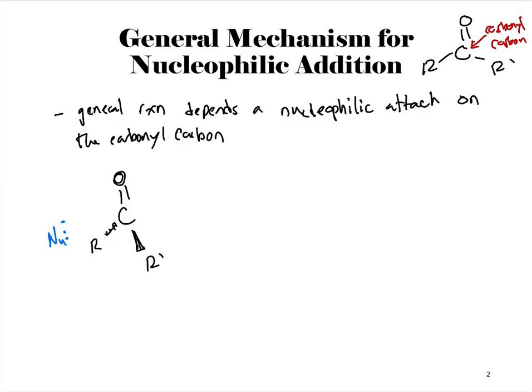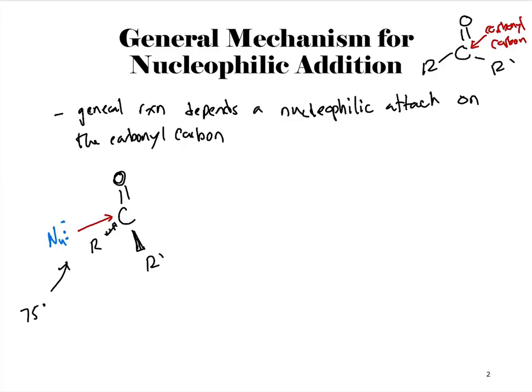It's going to attack this carbon, and well, it's not extremely relevant. This attacks at about a 75-degree angle is kind of what it comes on. That's kind of more important if we think about how things like sterics of these R groups will affect the reaction, right?